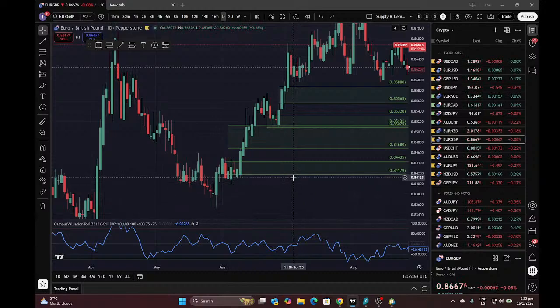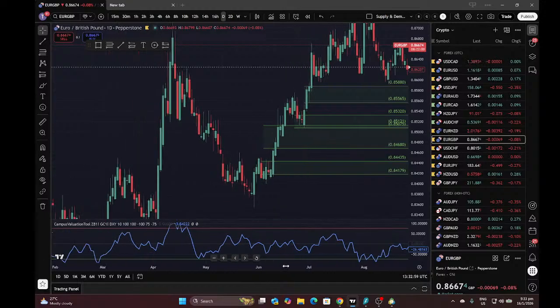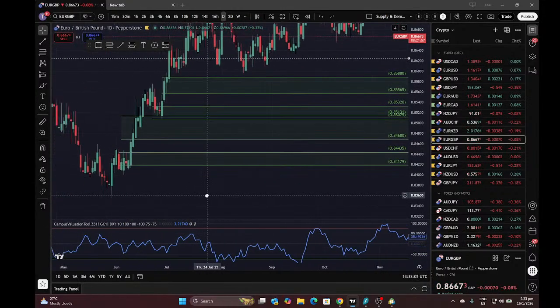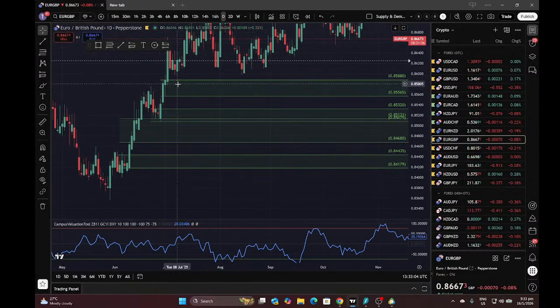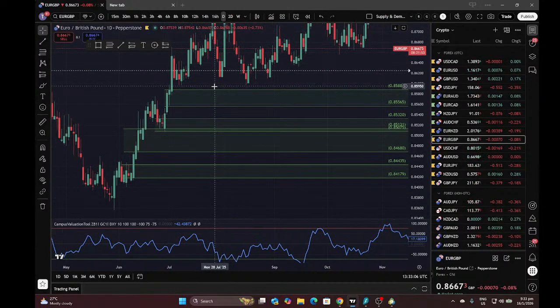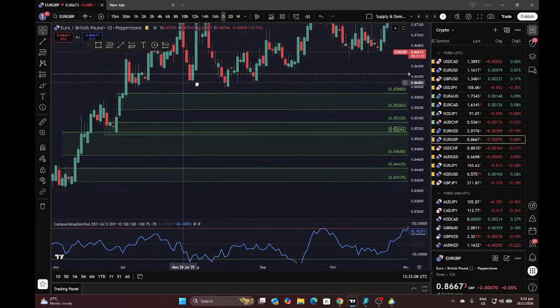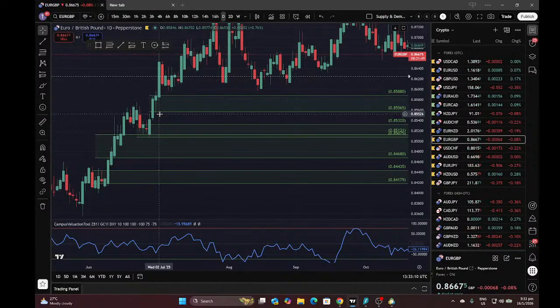So now we have all the zones, and we are going to do an analysis of the zones, right? This zone is a pretty nice zone because it has a solid leg in, and then the leg out as well.